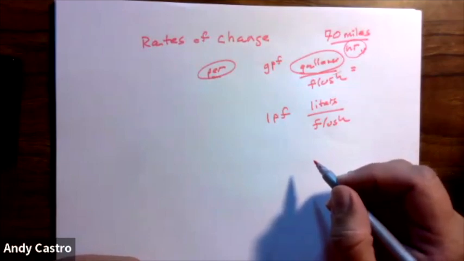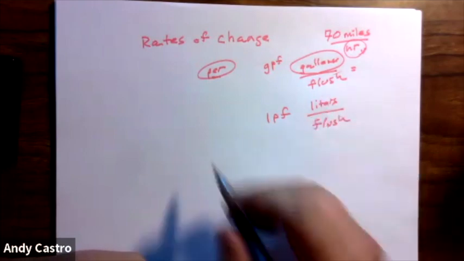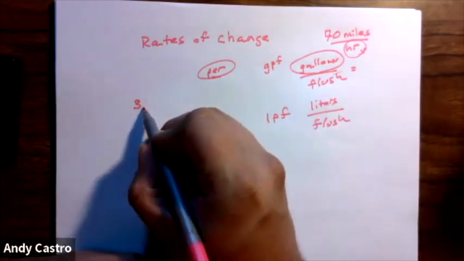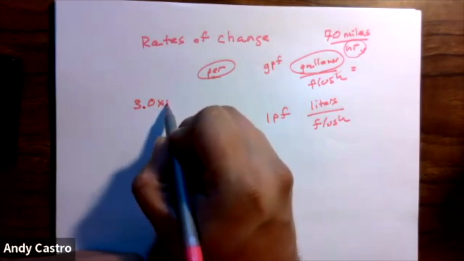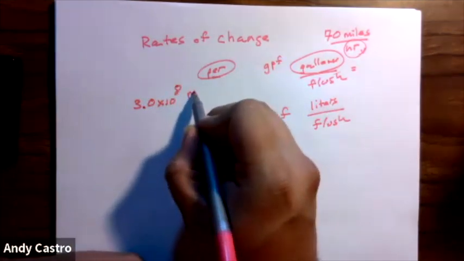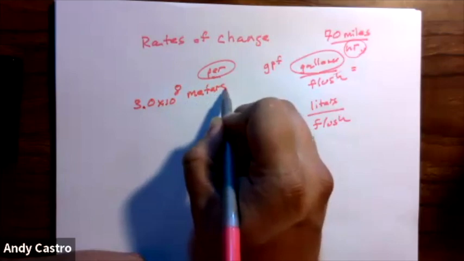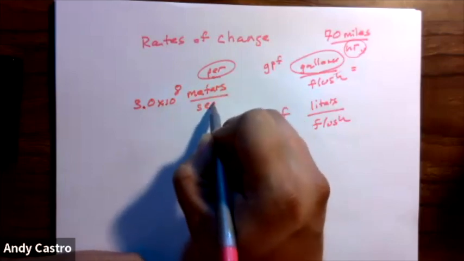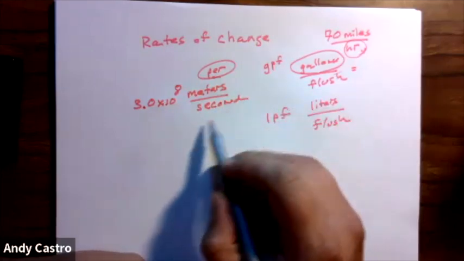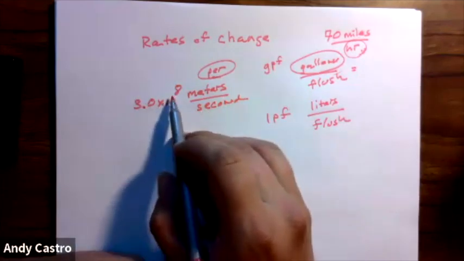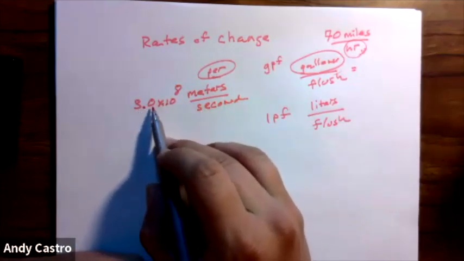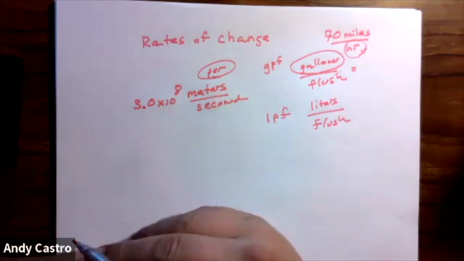Let's see, what other rates of change? Well, the speed of light. The speed of light is 3.0 times 10 to the 8th meters per second. For every second, light travels 3.0 times 10 to the 8th meters.